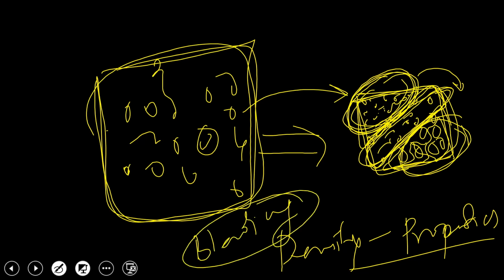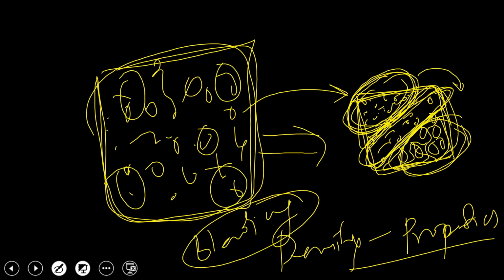What we do in blending is try to distribute all sized particles throughout the product. So large particles would be here also, here also, and similarly small and medium particles will be uniformly distributed. That way, the properties that you get across the product will be uniform in nature. Okay, so that is the importance of blending, first reason.